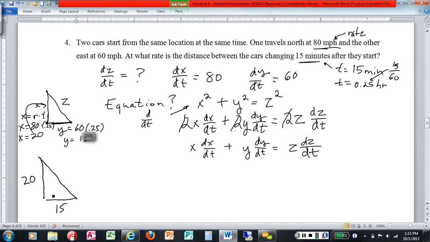So that's my x and y. So x is 20, dx/dt is 80, y is 15, that distance, dy/dt is 60.